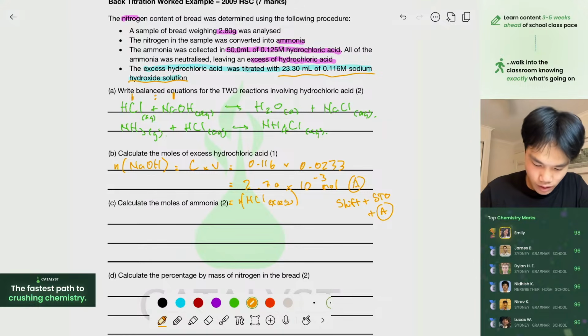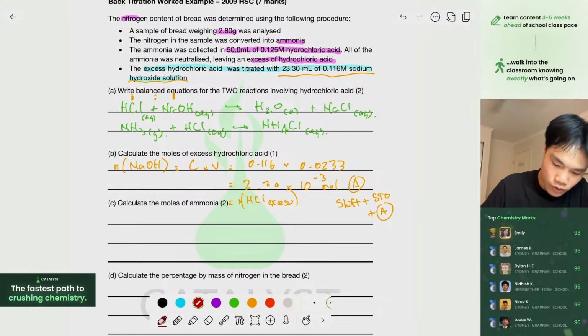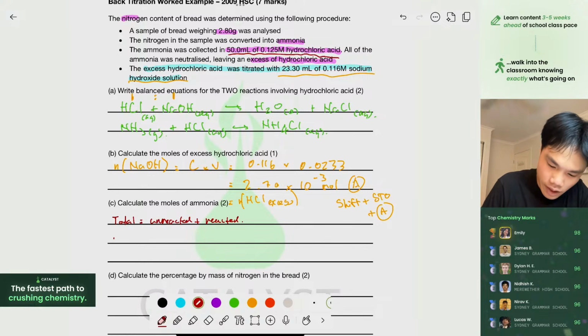Okay. Part C, calculate the moles of ammonia. All right. The next thing we can do is go back and find what the total amount of HCl is, because as we said, total is equal to unreacted plus reacted, and therefore how much HCl reacted would be equal to the total minus the unreacted.